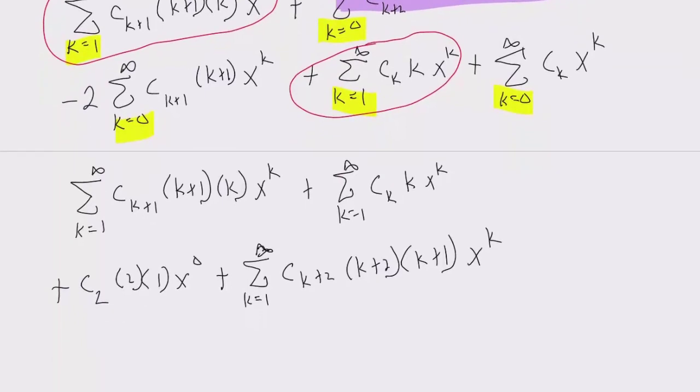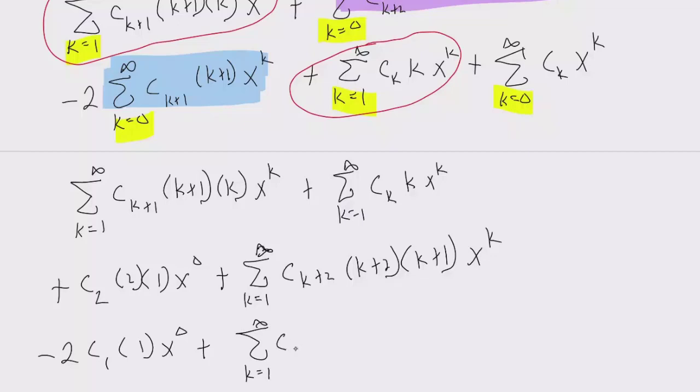Okay, so then the next one we're going to tackle is this guy. So again, evaluated at 0, that's minus 2, and at k equals 0, I get c to the 0 plus 1, so c 1 times 1 times x to the 0. And then we'll expand that summation out. So c to the k plus 1, k plus 1, x to the k.